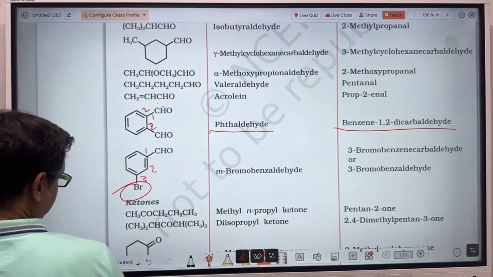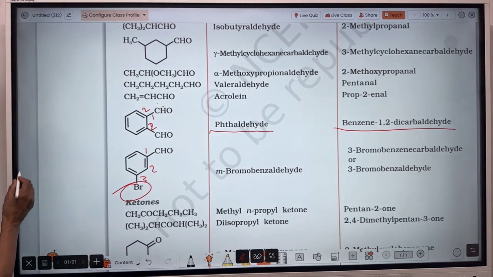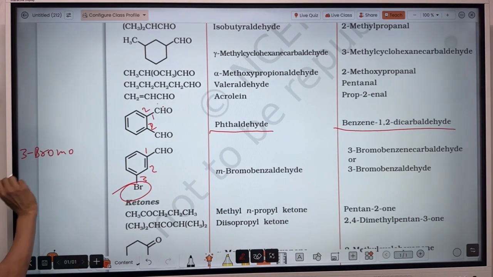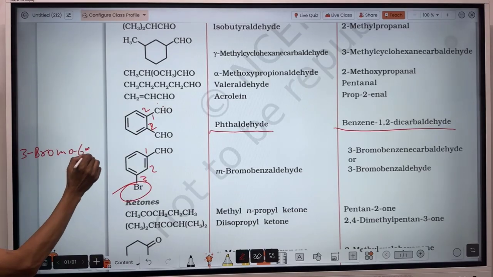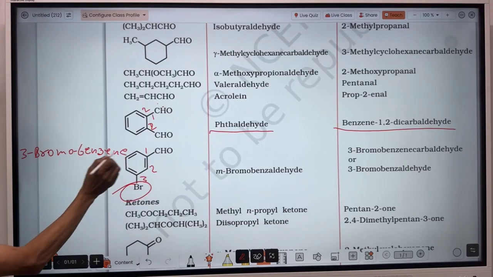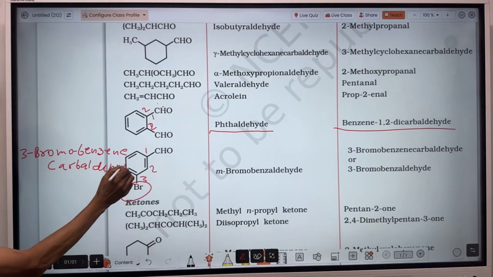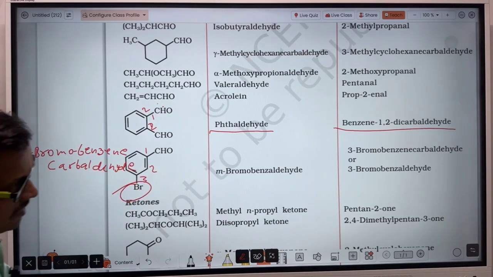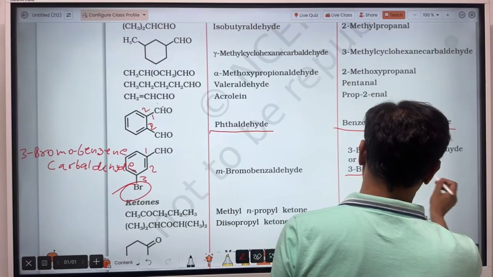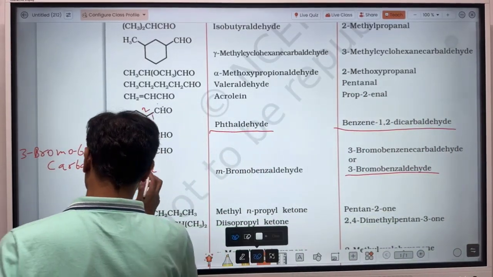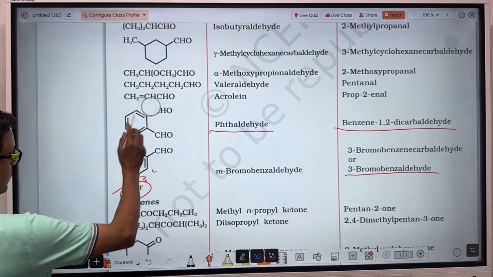So here it is the 3rd position, so the IUPAC name will be 3-bromobenzenecarbonyl, or 3-bromobenzaldehyde, whichever you write.